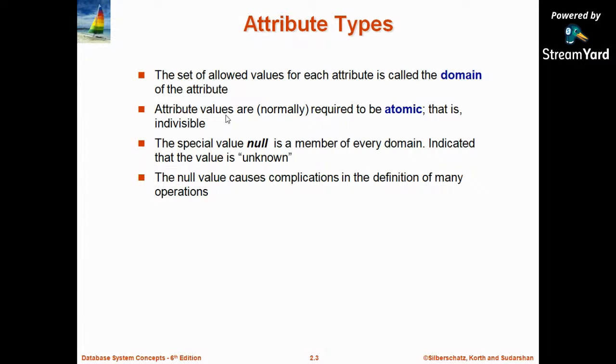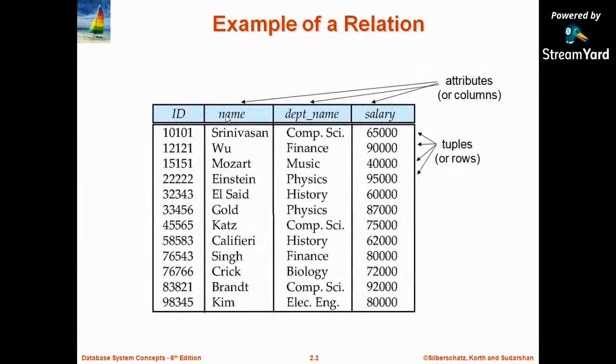In the attributes, every attribute is associated with a domain. What is the domain? For example, whatever the possible ID numbers are is the domain of ID. What are the possible names in the world is the domain of name. What are the possible departments is the domain of department name.